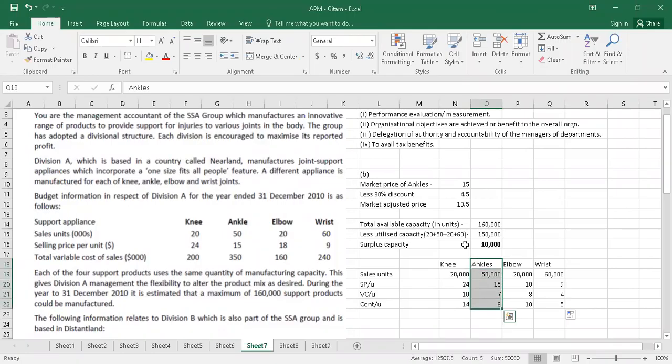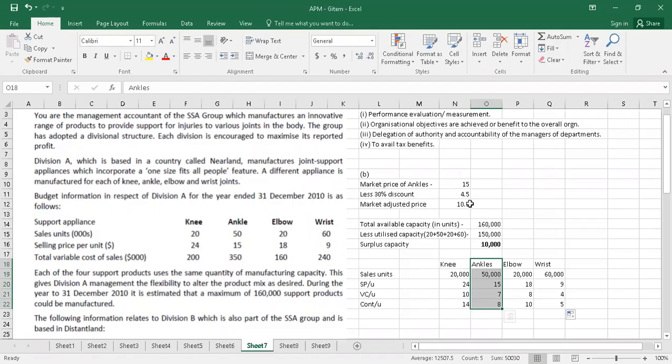Is it okay if they bring down the price from 15 to 10.5? That's the question. Requirement B, subsection 1. Any opinion you have or any answer you have to contribute?